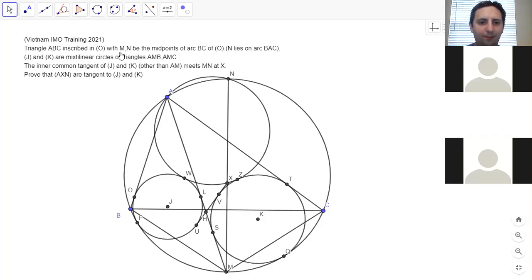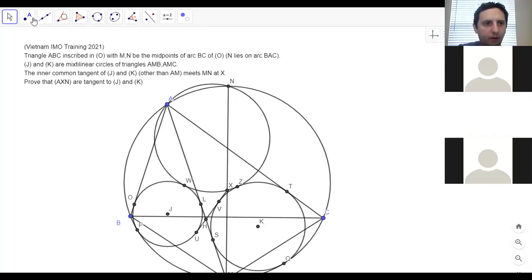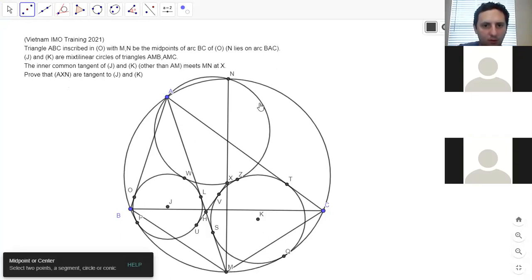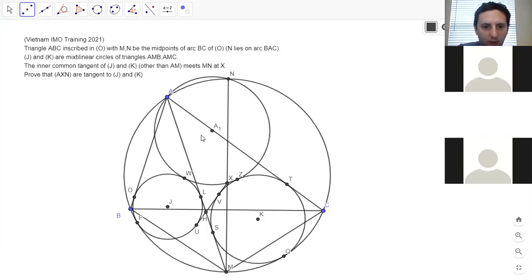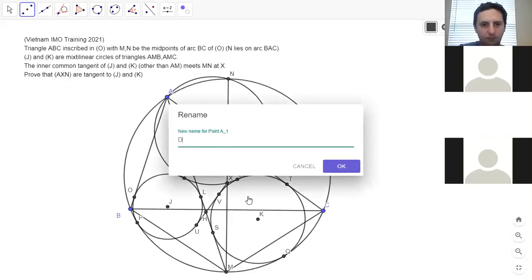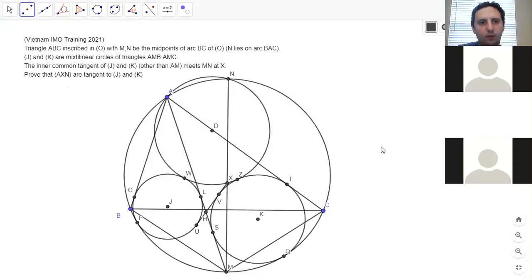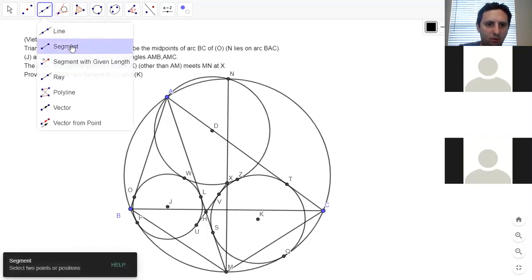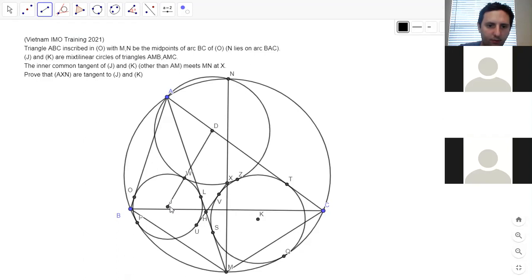Yeah, this one looks hard. The center of AXN, yeah. A, B, C, I'll just call it D. So yeah, we'd have like a little triangle here.